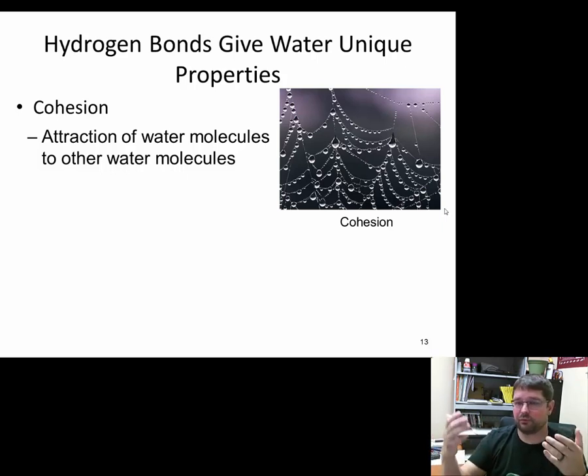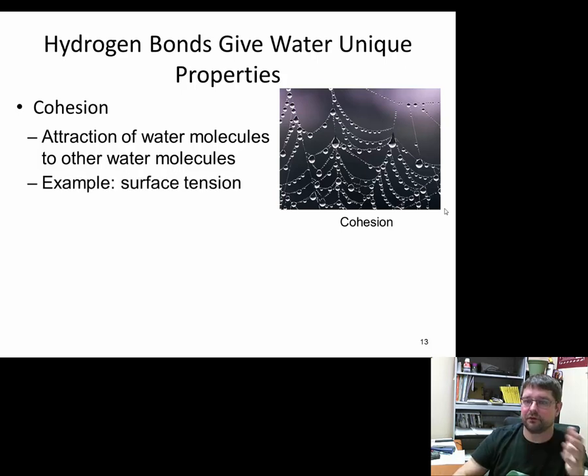Okay, and without it, the terrestrial system would be an arid desert, because you probably would never get enough water onto the landscape to have anything but deserts. And so that cohesion, that attraction of water molecules to other water molecules, is very important.